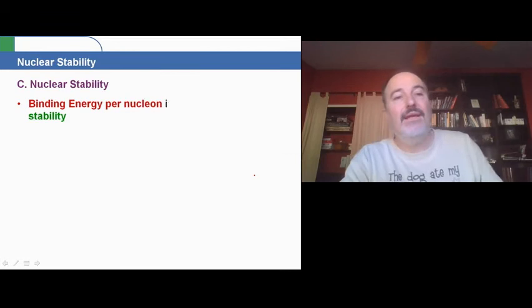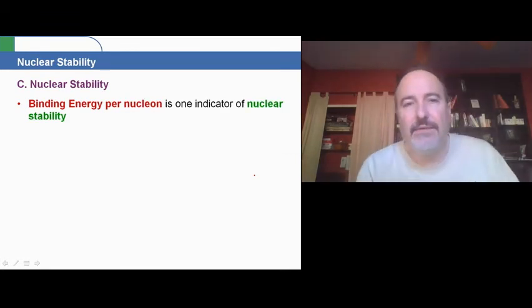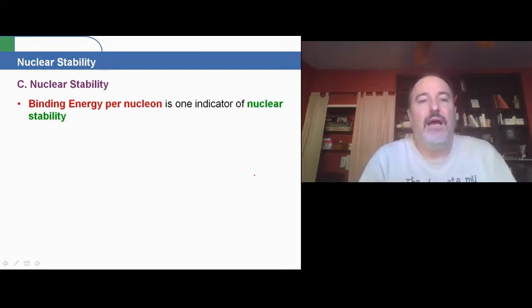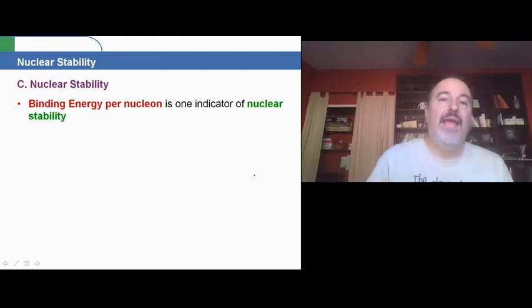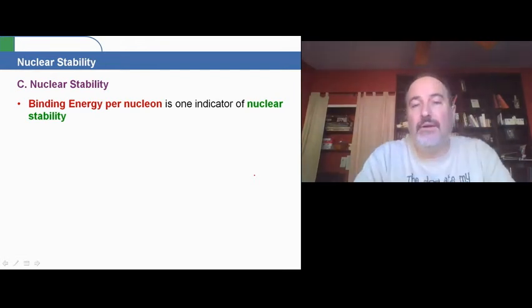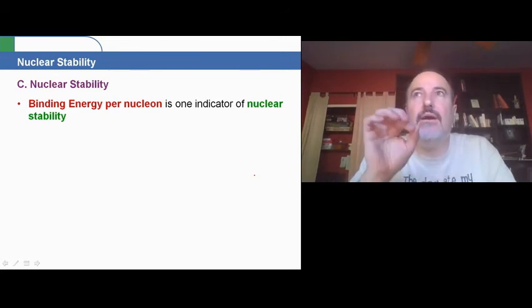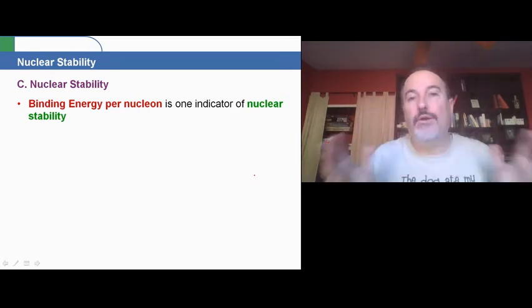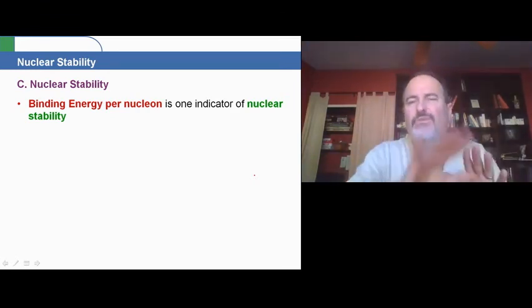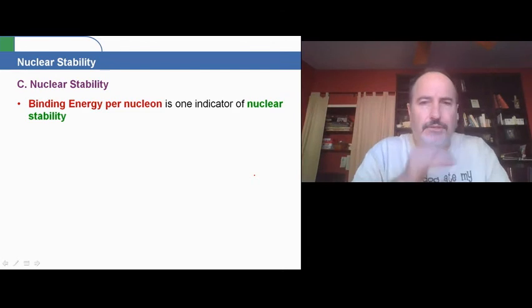All right. Now, the last thing we're going to be talking about is this concept of nuclear stability. Some isotopes are more stable than others. And remember, isotopes that are unstable are radioactive. They release energy. We'll talk more about that in the next lecture.